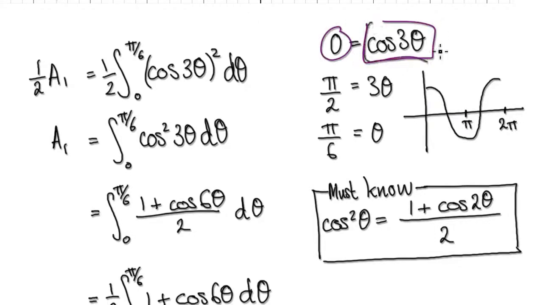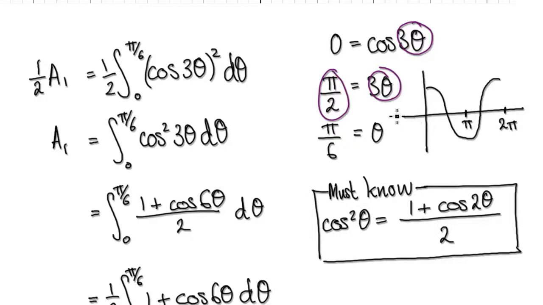When will this thing be 0? Well, if you look, cos will be 0 at pi over 2 right here. So imagine this as being a bubble here. So bubble equals pi over 2. So times both sides by 3. The radius will be 0 when the angle is pi over 6.